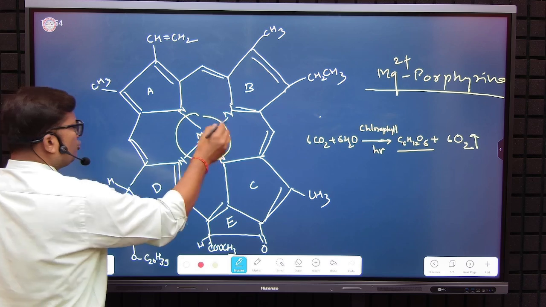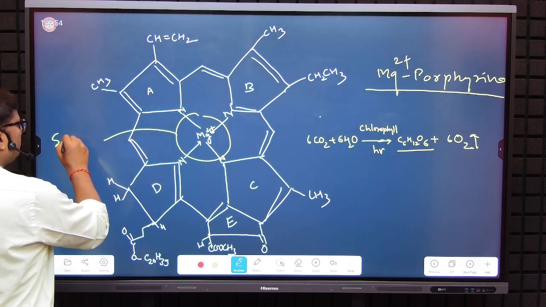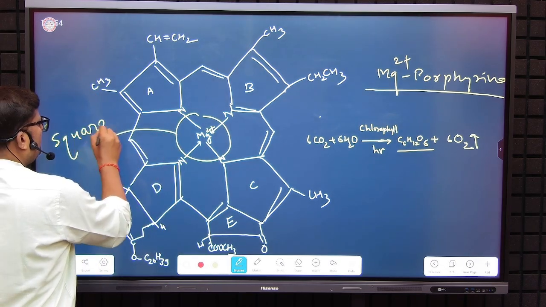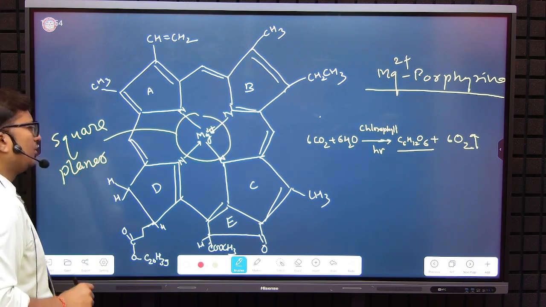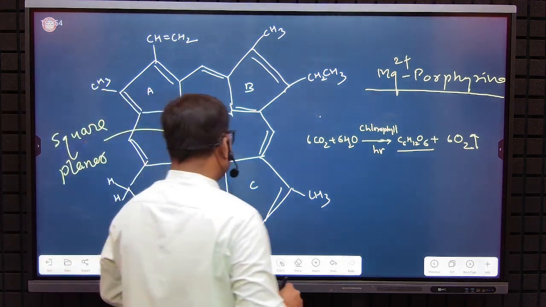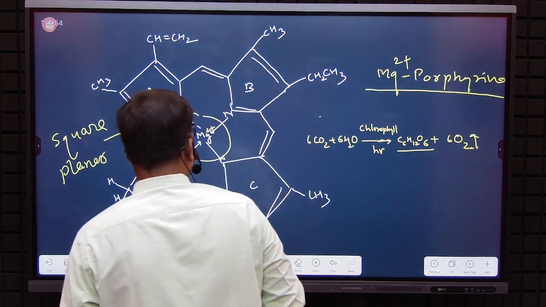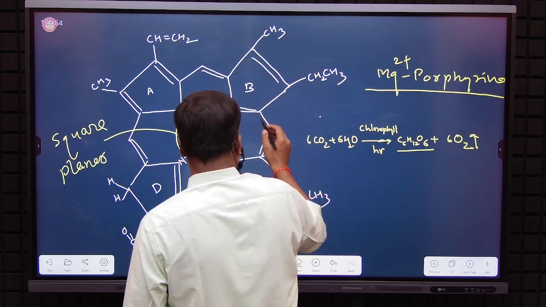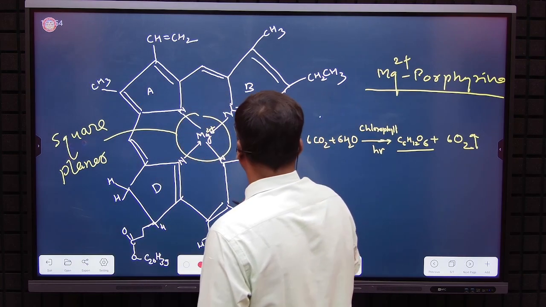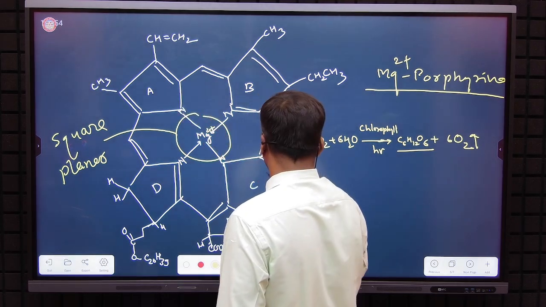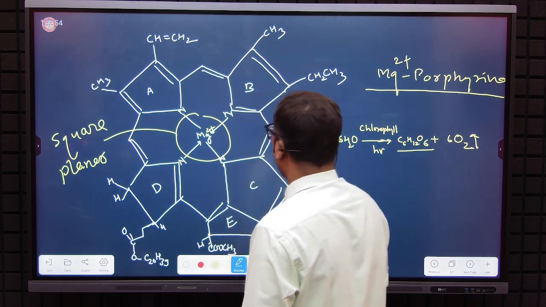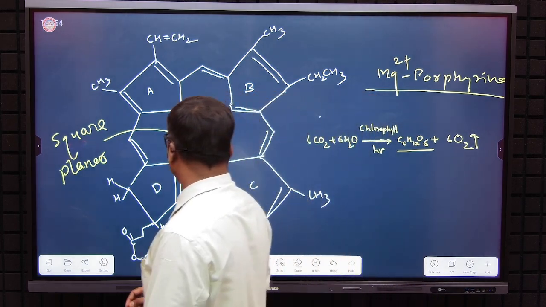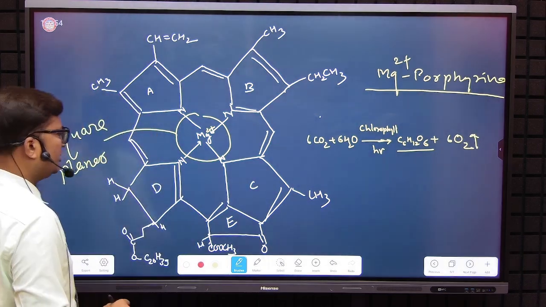This has a square planar structure, right? So this structure contains 1 ring, 2 ring, 3 ring, 4 ring, and 5 ring, 5 membered rings.